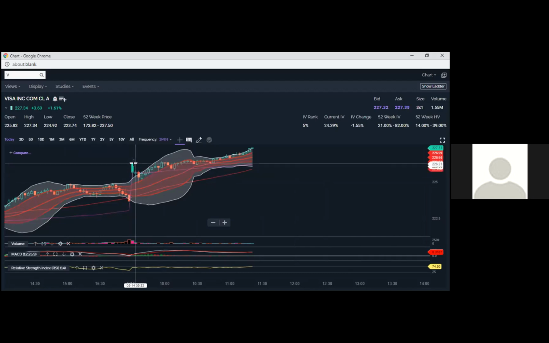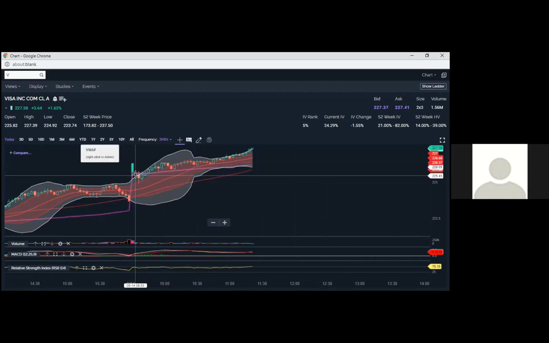So when you see that Visa opened here, extended outside of the Bollinger Band, your first thought at open is, I want to scalp puts. Obviously you want to plan this all out before open. If you're planning scalps, what are going to be my levels?